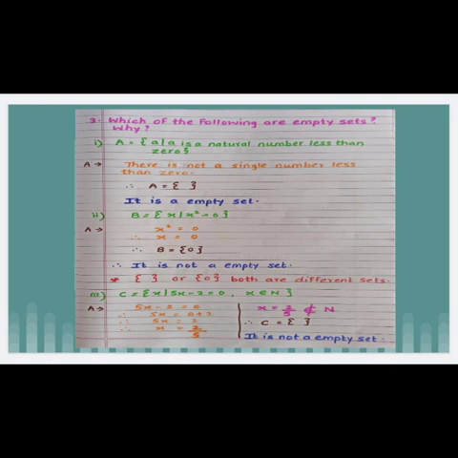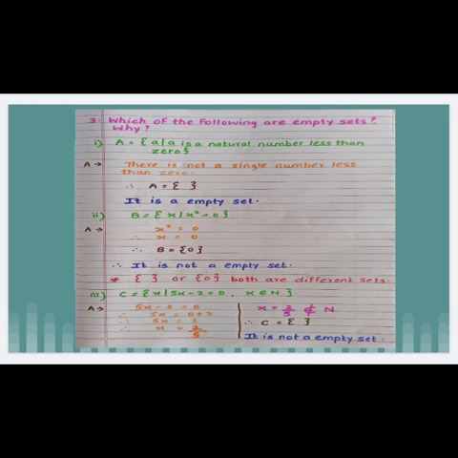Hence we got x is equal to 0. So therefore set B has element 0. So here in the set B there is an element 0. Therefore it is not an empty set. Okay. Don't get confused between empty set and a set which has 0, because both are different sets.